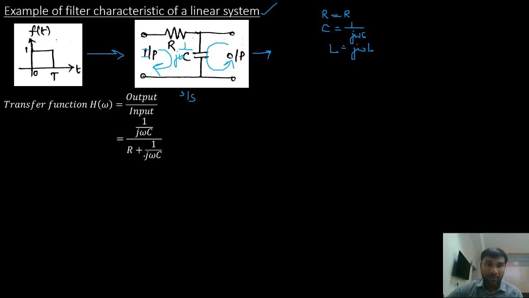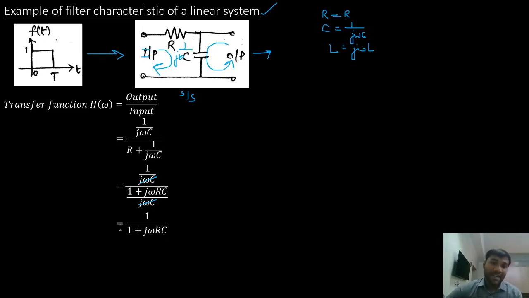I'll take LCM of j omega C. It's going to be 1 plus j omega RC in the denominator and 1 by j omega C in the numerator. So my j omega C gets cancelled, and I'm left with 1 by 1 plus j omega RC.